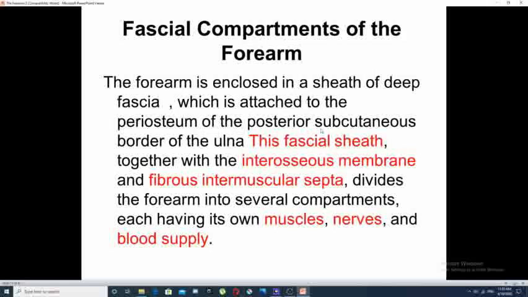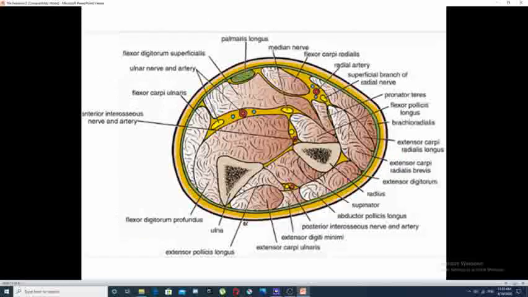This fascia, together with an important membrane called the interosseous membrane and different fibrous intermuscular septa, will divide the forearm into several compartments, mainly three: anterior compartment, posterior compartment, and lateral compartment. Each compartment has its own blood supply, nerve supply, and muscle groups.